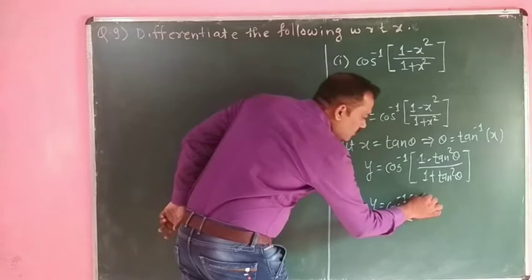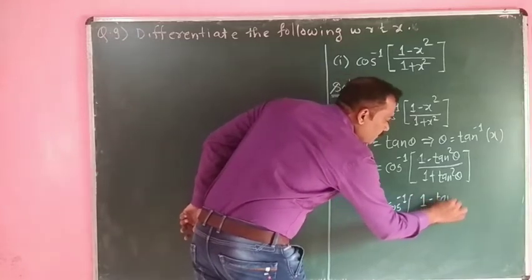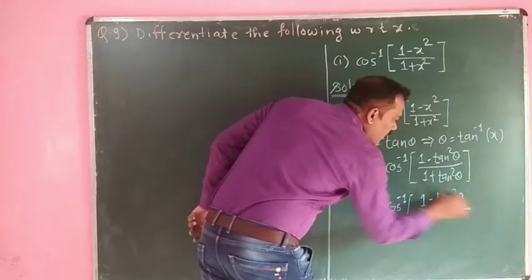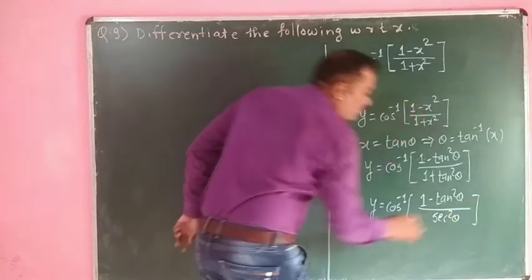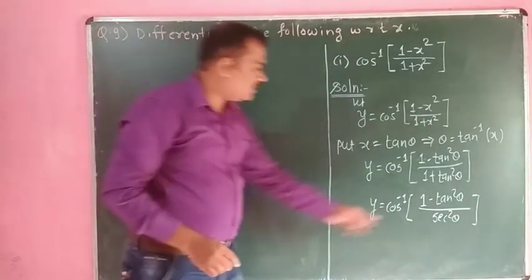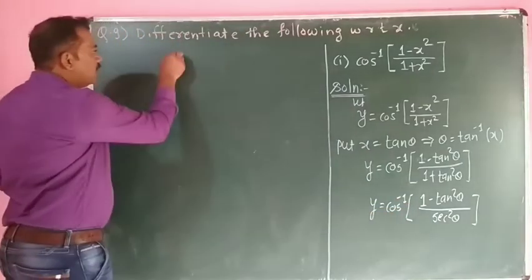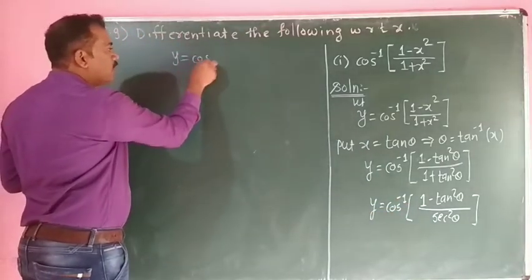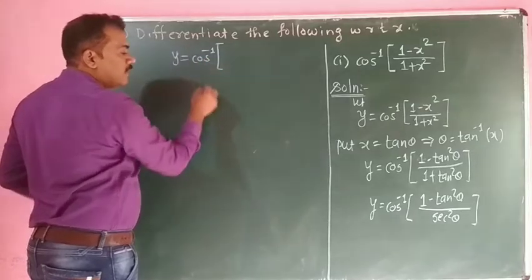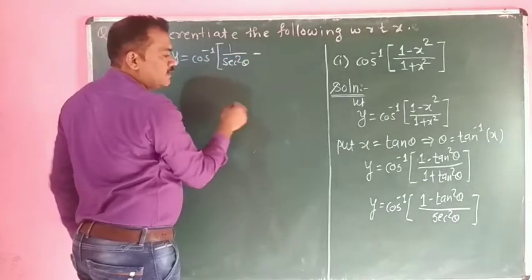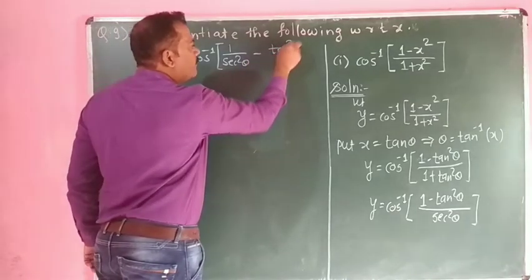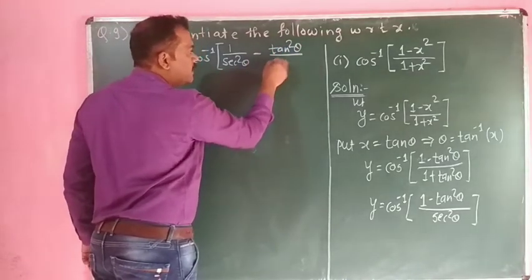Here 1 minus tan square theta in the numerator, denominator as it is, 1 plus tan square theta is nothing but sec square theta. Now we divide this numerator separately by the denominator, so that we get y is equal to cos inverse of 1 upon sec square theta minus tan square theta divided by sec square theta.